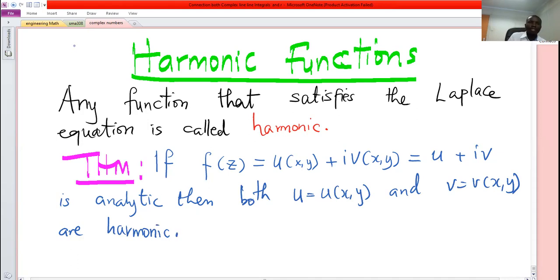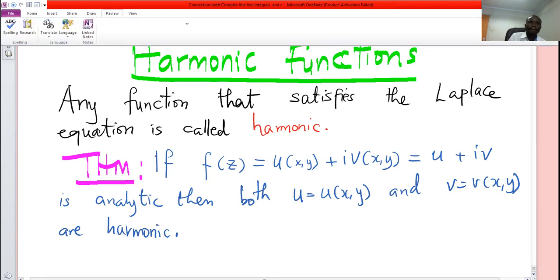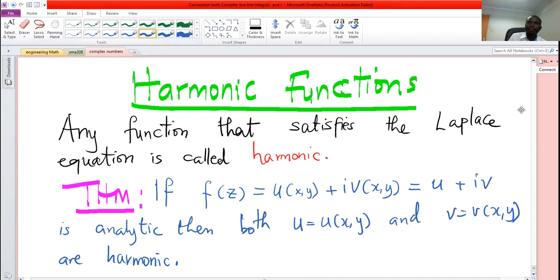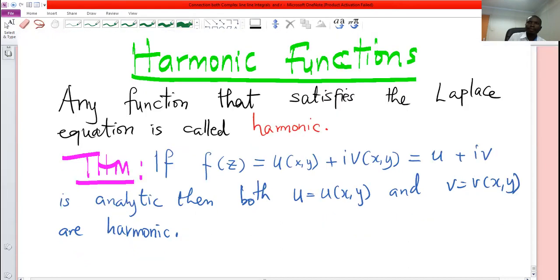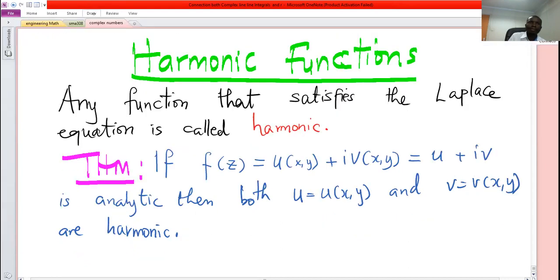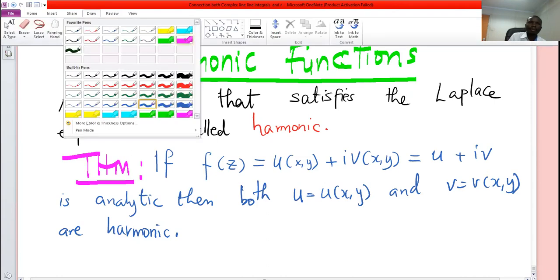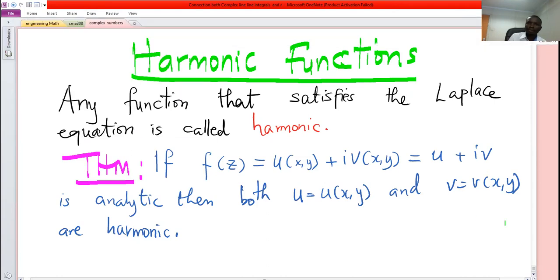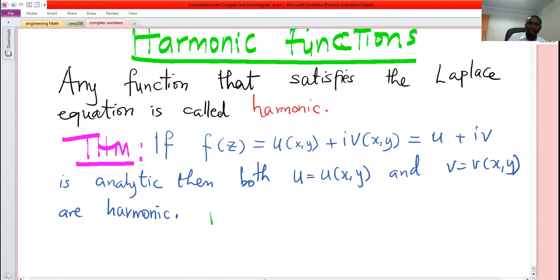So, a quick proof for this. Proof of the theorem.